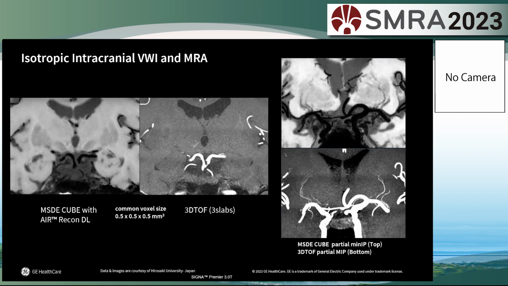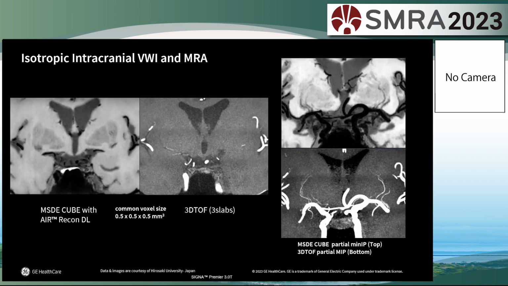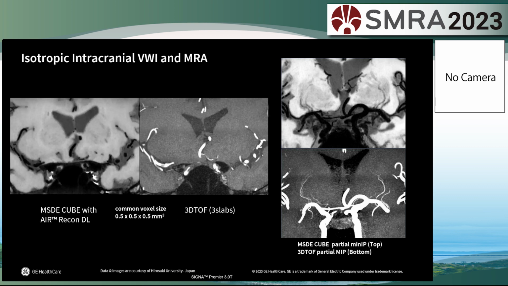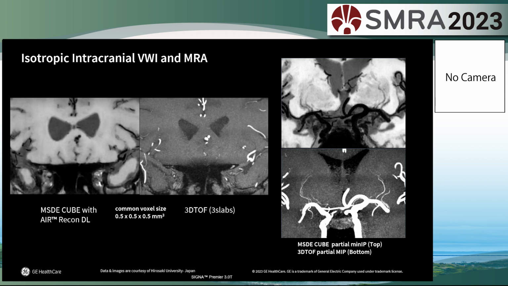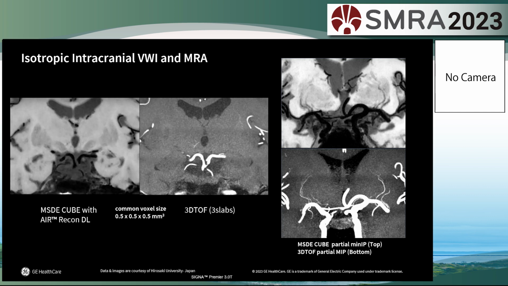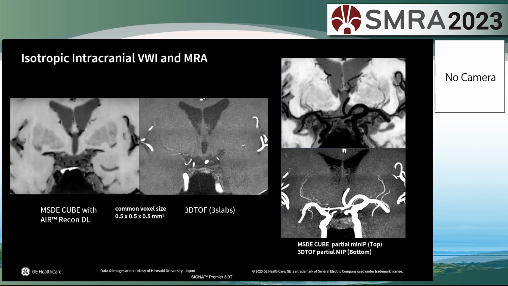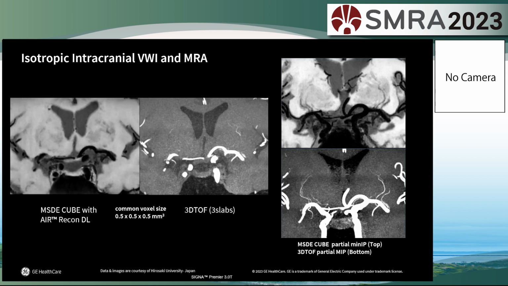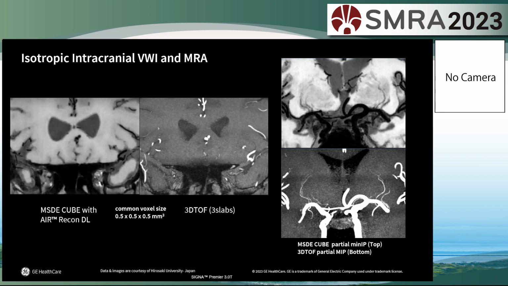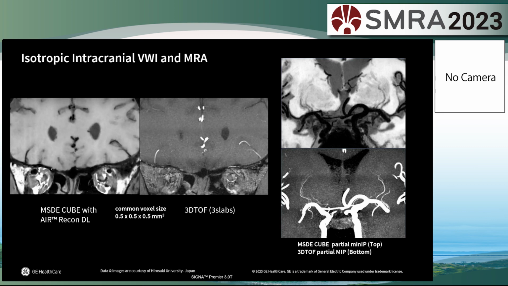And also the high resolution imaging gives the depiction of the very small vessels such as the perforating arteries, as shown in this slide. With the high resolution protocol, we can identify the perforating arteries both on the MSDE-Q vessel wall images as well as the 3D TOF MRA.